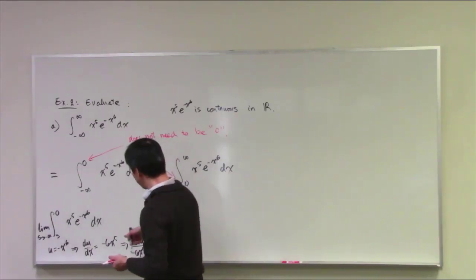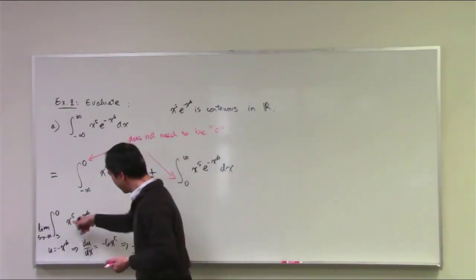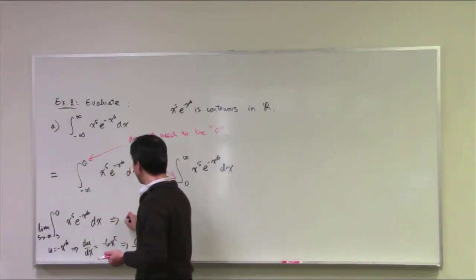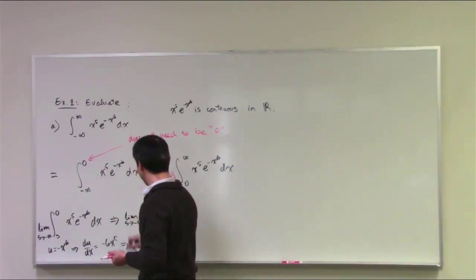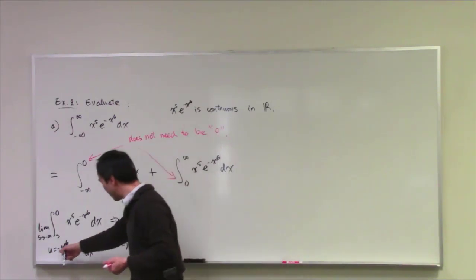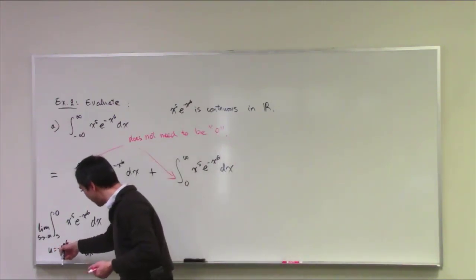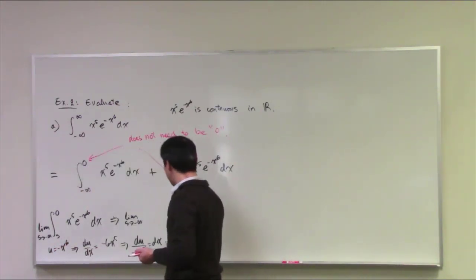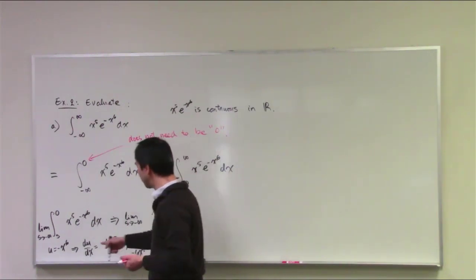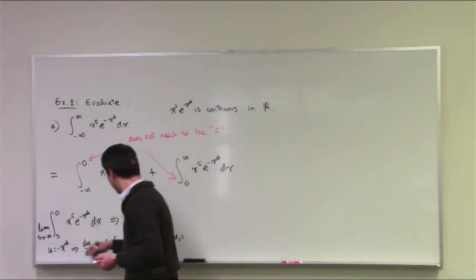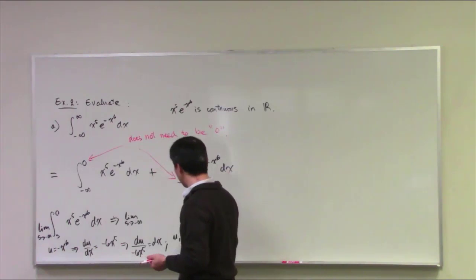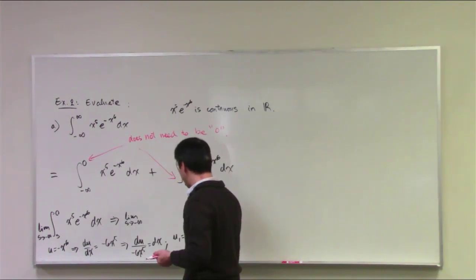After rearranging the differential, this integral will become, with the limits, s going to minus infinity. Keep in mind that u equals minus x to the 6th. Substituting s into the function, you get minus s to the 6th for the lower limit. The upper limit is going to be 0, because 0 to the 6th is 0.